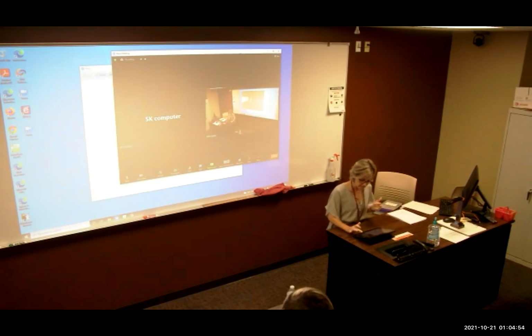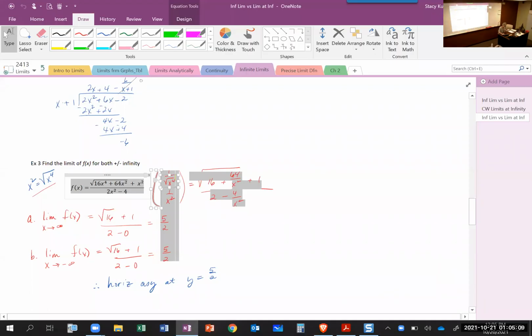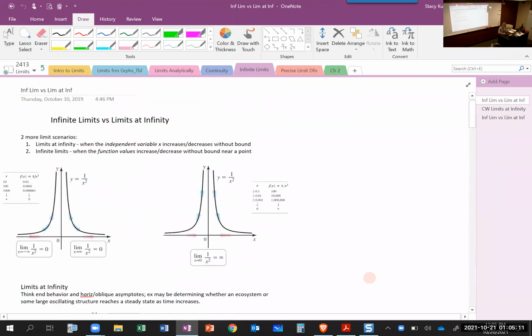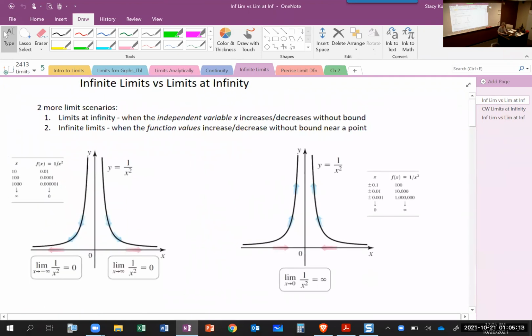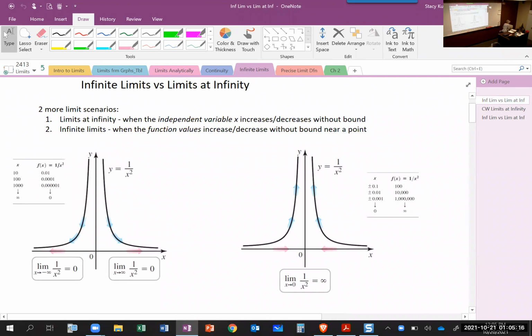We're going to talk about types of limits, and we'll split this lesson. What we're going to focus on today has to do with limits at infinity.